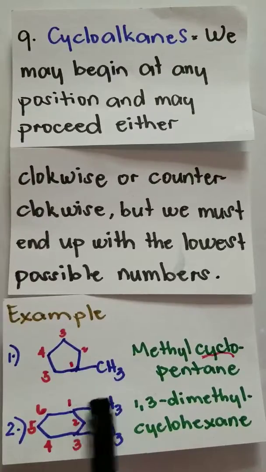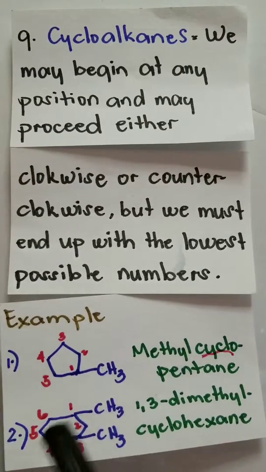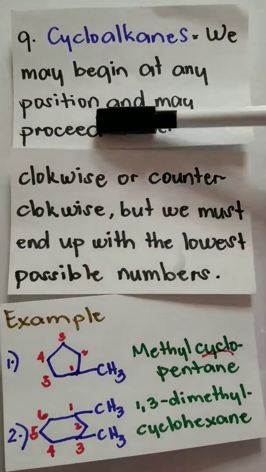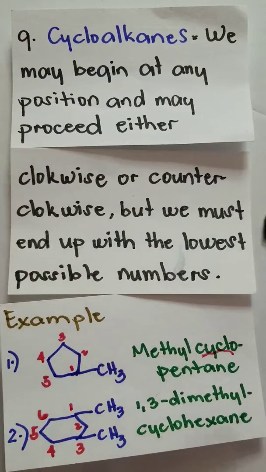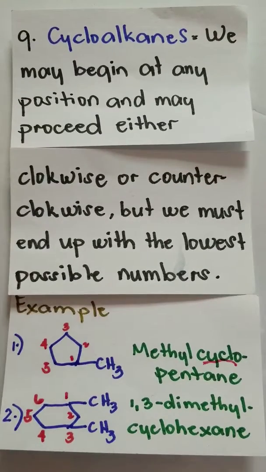Why do we need to go this direction? Why not the other direction? It's because if we go the other direction, the second branch becomes attached to a larger number of carbon atom. Remember the general rule on how to assign your carbon atom numbers. The group must attach to the lowest number of carbon atom.